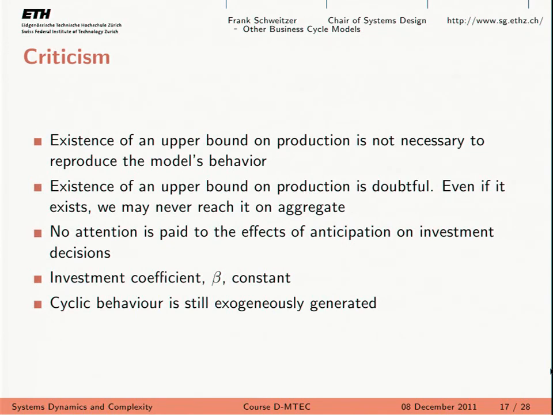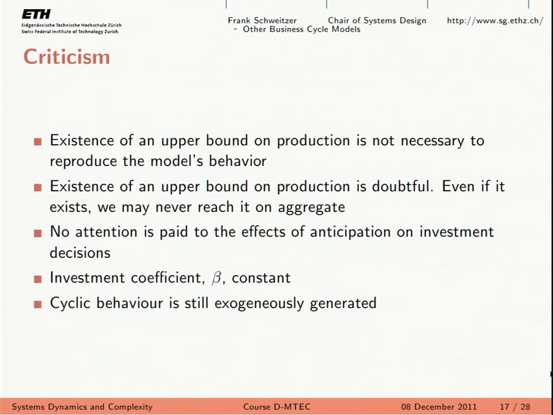We can never prove that this upper bound exists, and even if it does, we can never prove that we'll reach it, on the aggregate, that is. And why is that a point of criticism? Well, people have observed that none of the cycles in real life, up to 1980 when this model was developed, and even now, were caused by hitting an upper bound.